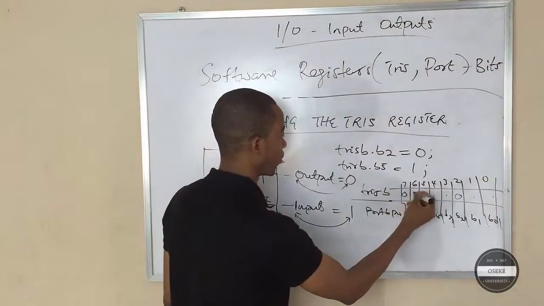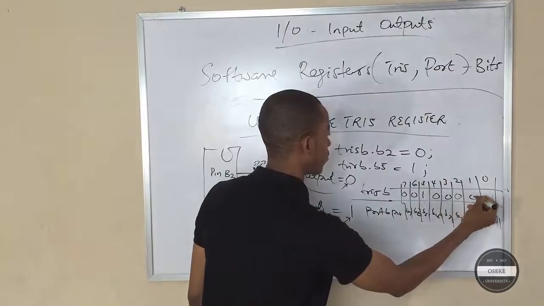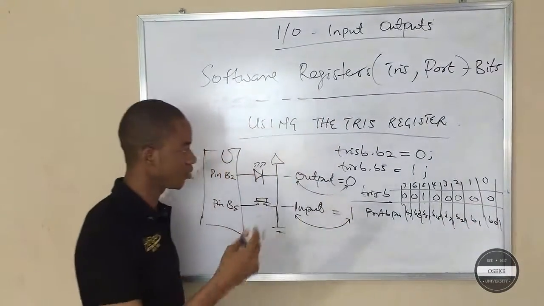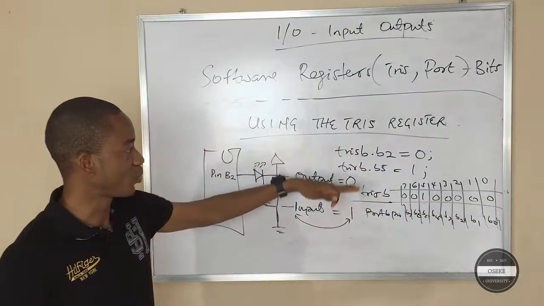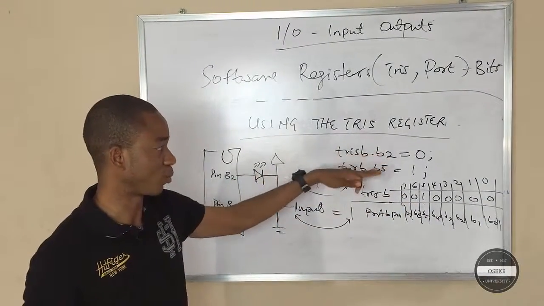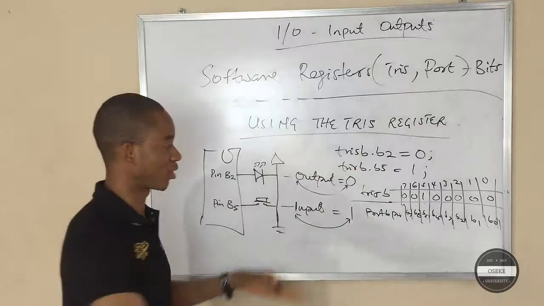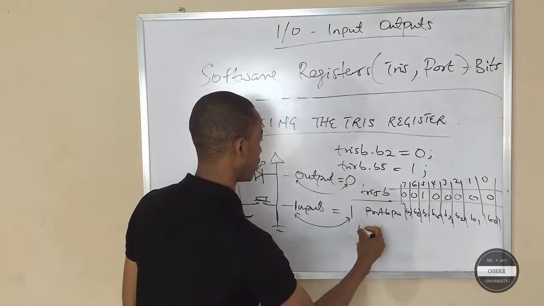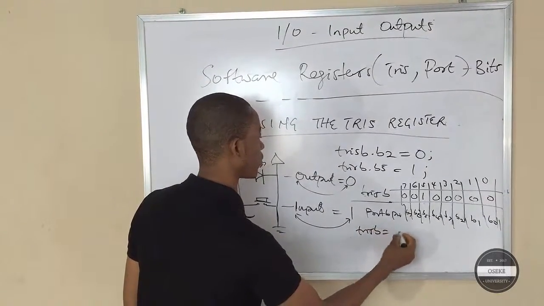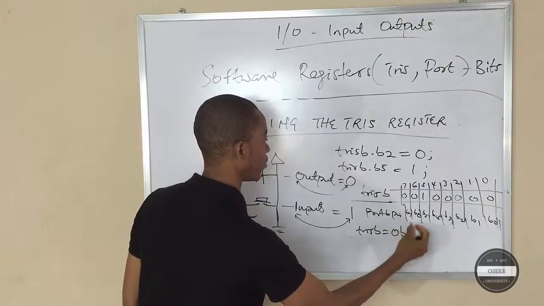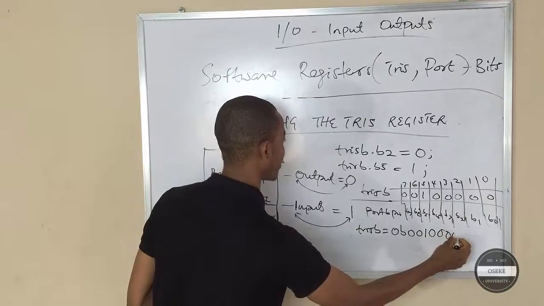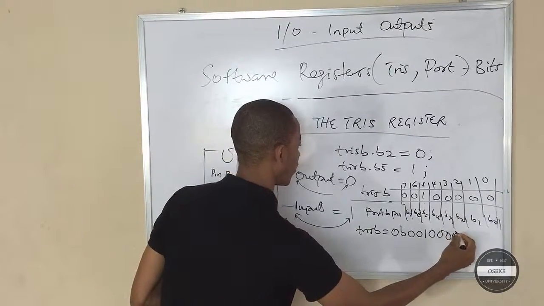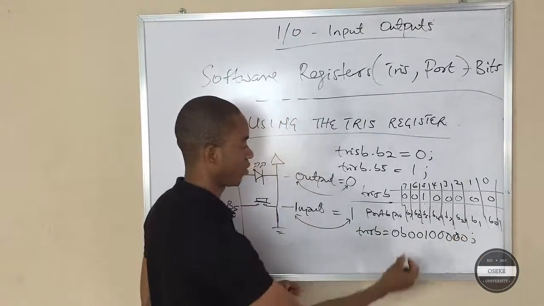So let's just put 0 in all of them. This is the full 8 bits now. So you don't have to write B2 or B5 one by one. You can decide to just say, let trace B be equal to 0b00100000. End of command.